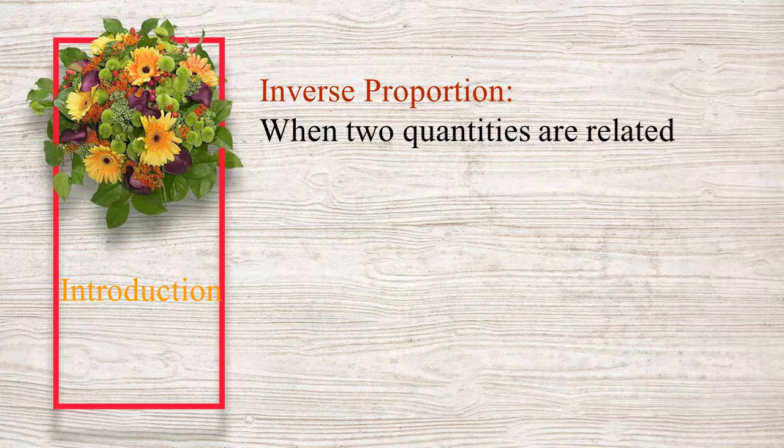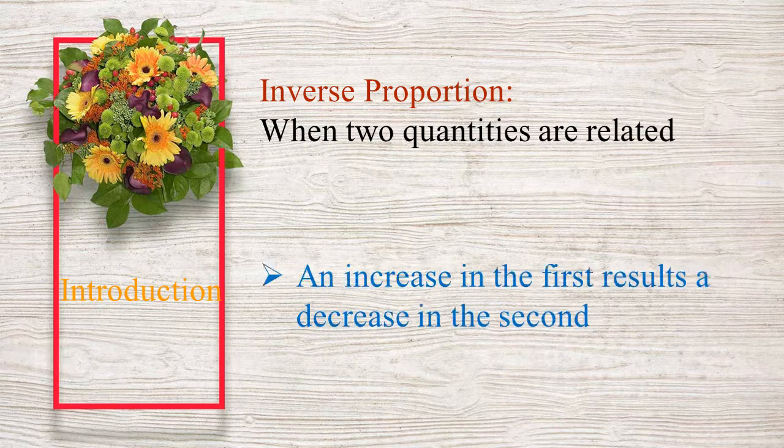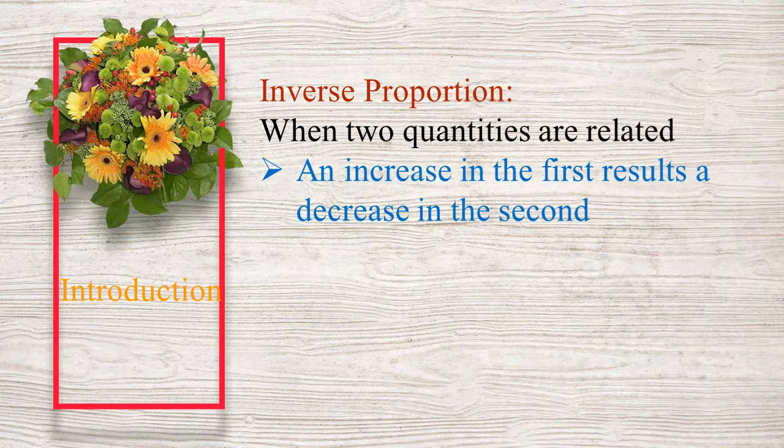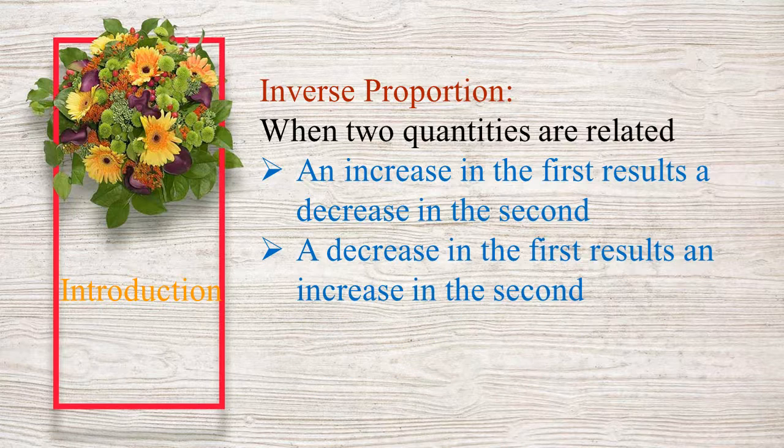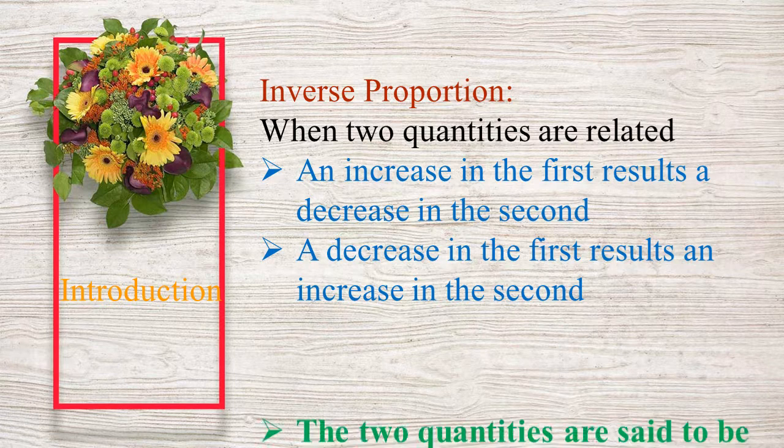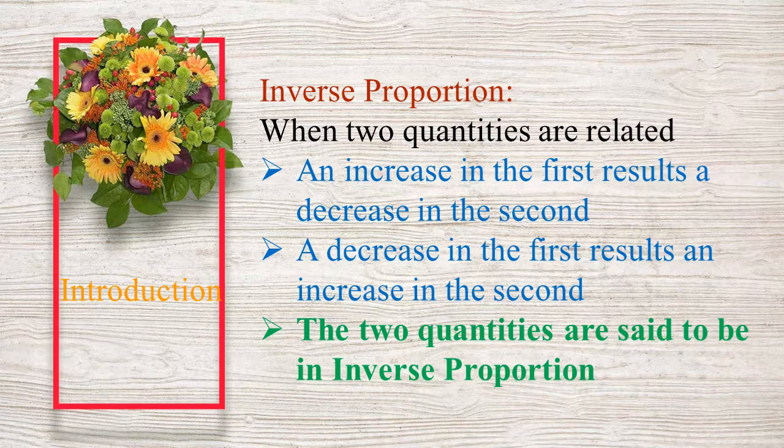When two quantities are related, an increase in the first results in a decrease in the second, and a decrease in the first results in an increase in the second. The two quantities are said to be in inverse proportion.